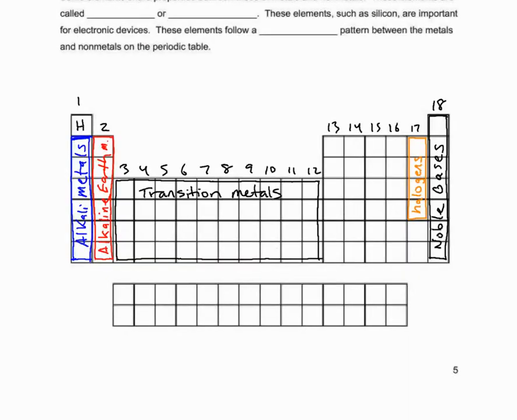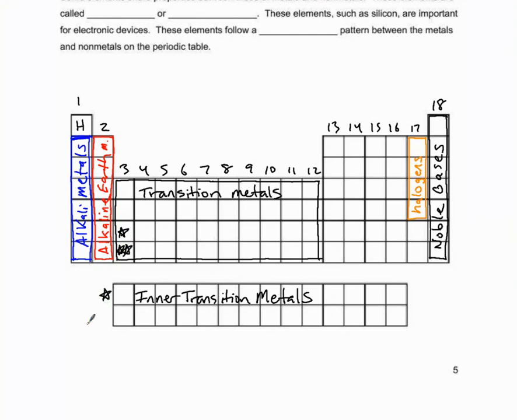Let's go down here. Let's label this. These are the inner transition metals. And where they fit, this is something that you'll see on a lot of periodic tables. There will be a star right here, and there will be 2 stars right here.